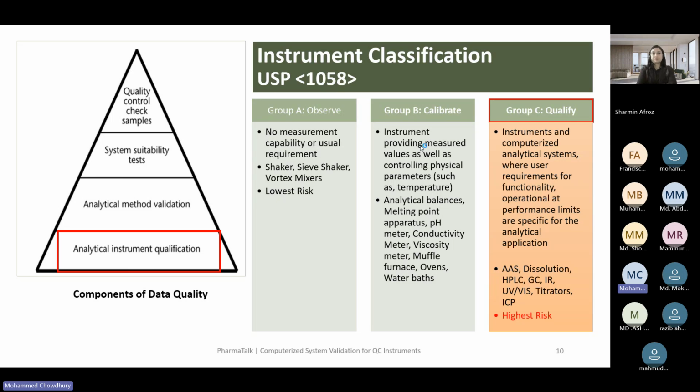And finally, some key topics Sharmin already covered: audit, data integrity, audit trail, and user access management. In today's session, you people actively engaged in the discussion, and this is a huge inspiration for us in future.